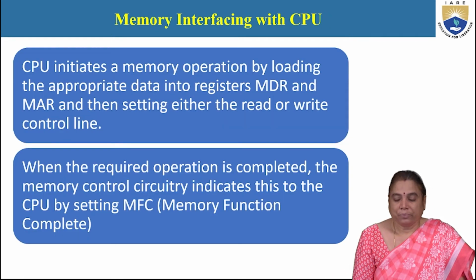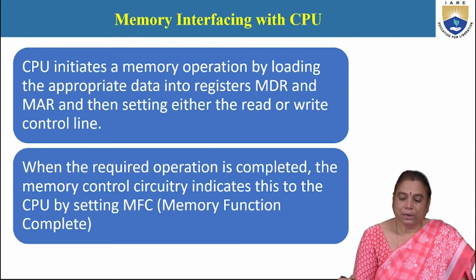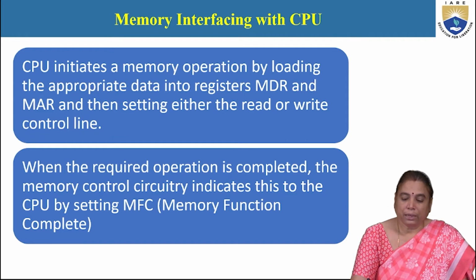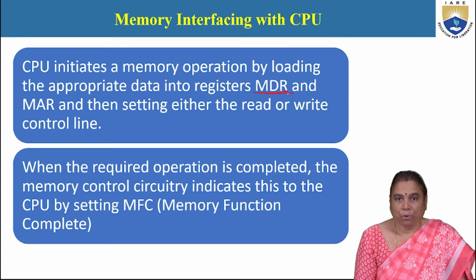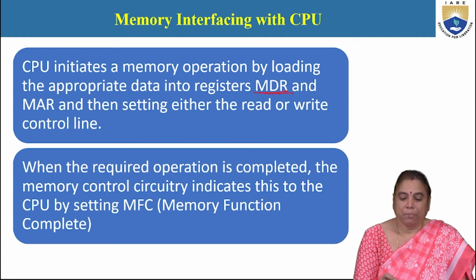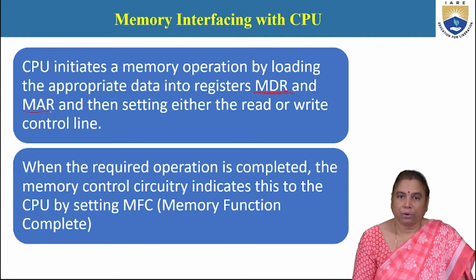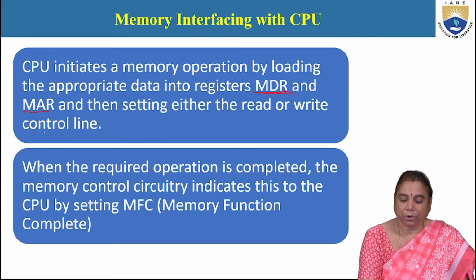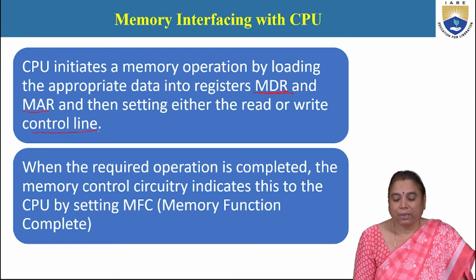How can the memory subsystem be interfaced with the CPU? The CPU initiates a memory operation by loading the appropriate data into the data register. MDR holds the data to be written or read from the memory, and MAR holds the location address where this operation is performed, and the CPU sets either the read or write control line to specify whether to perform the read operation or the write operation.